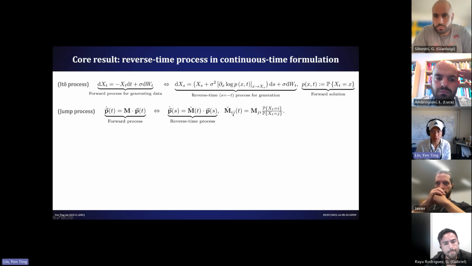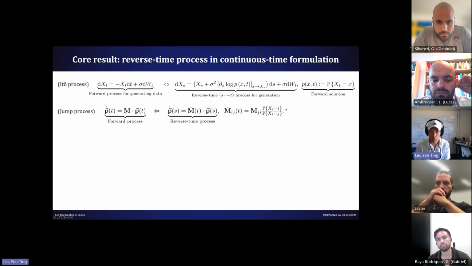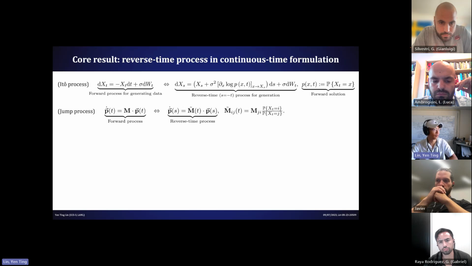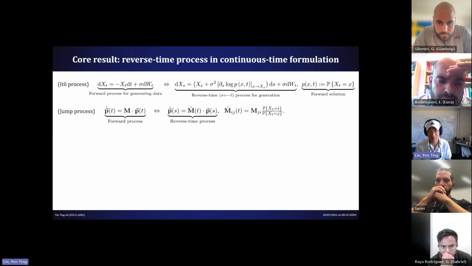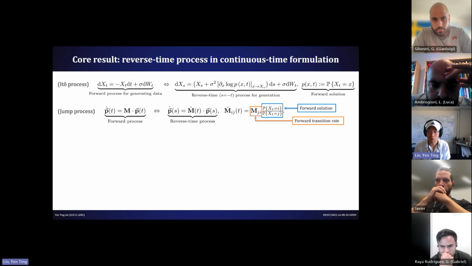This master equation, for each of the jump rates from i to j, turned out to be the jump rate of j to i, and you have to know the forward solution there. And somehow it's as simple as that. Out of the very tedious calculation, this is the solution. Very simple. It's even intuitive if you look at this.